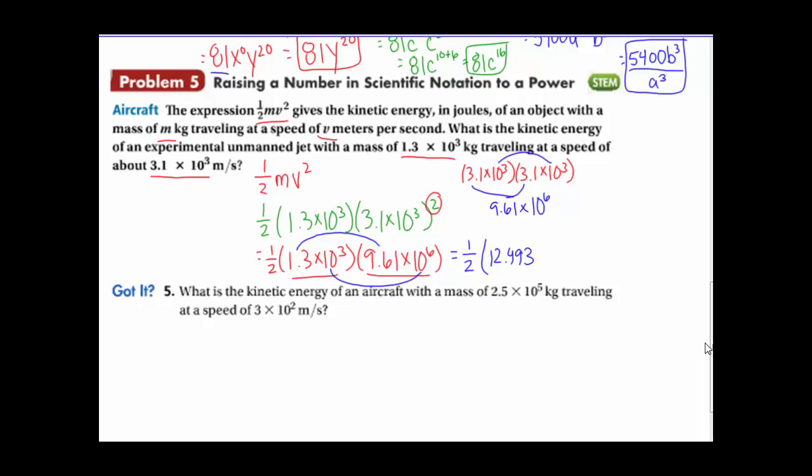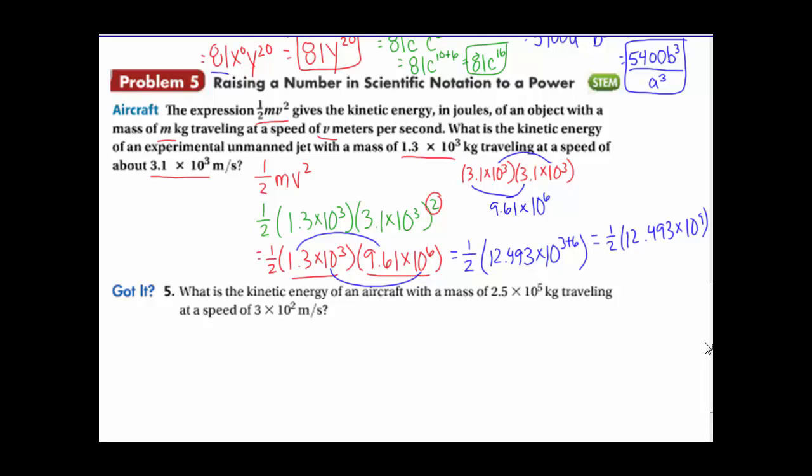And then we multiply our 10 to the third times 10 to the 6th. We add our exponents and simplify, so we get 1/2 times 12.493 times 10 to the 9th, once we add those exponents.